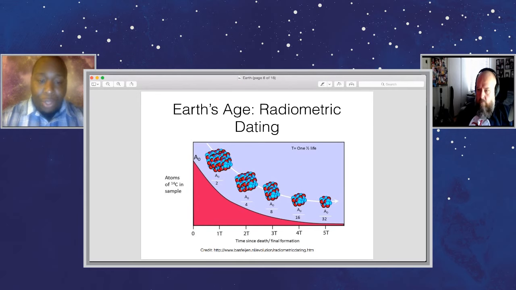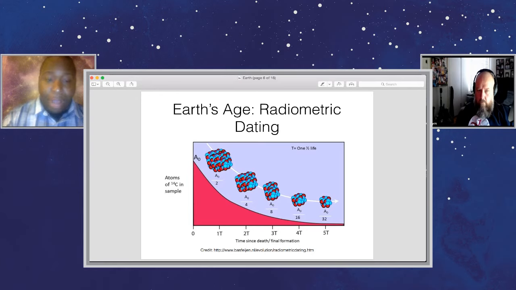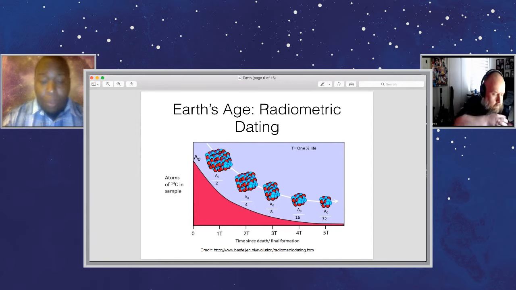And so what this plot is showing us, with the images within the plot, is that we're starting off with some initial amount of material, which we're just going to say is equal to some A sub 0. However, over time, represented by the x-axis in the plot, we notice that the amount of material that we initially started off with is reducing itself. And this particular plot is looking at how it's reducing itself by half of its amount. And what we see is that it does so in equal amounts of time.